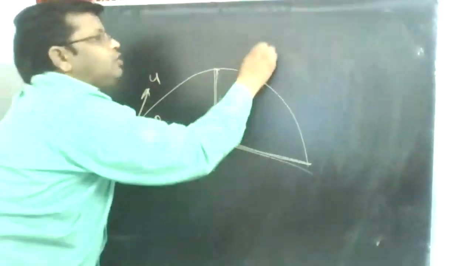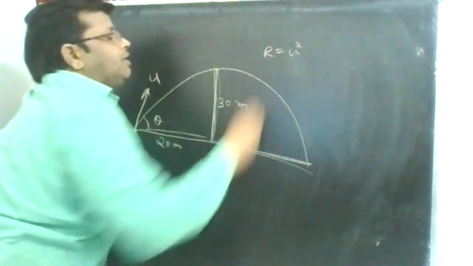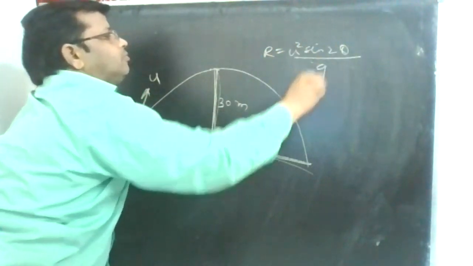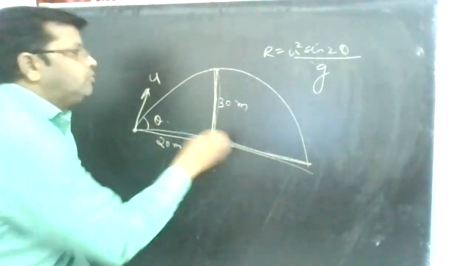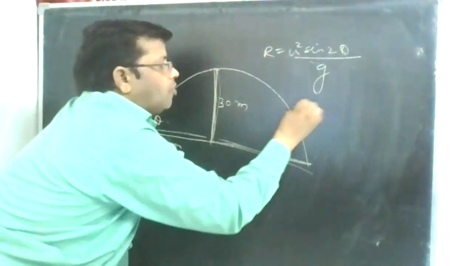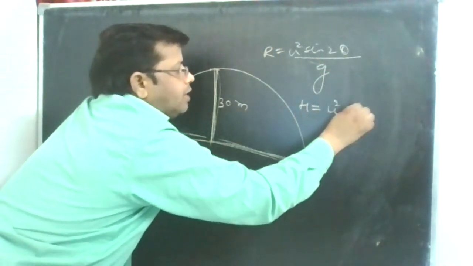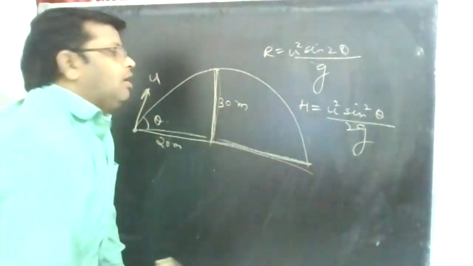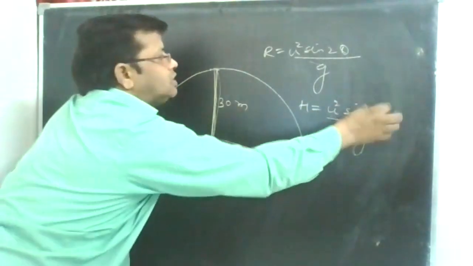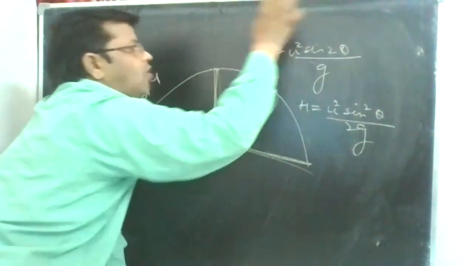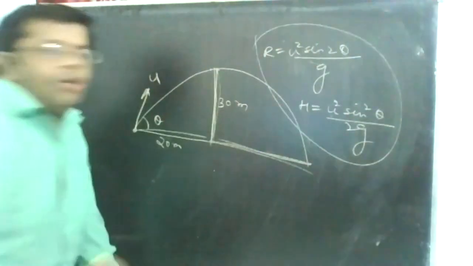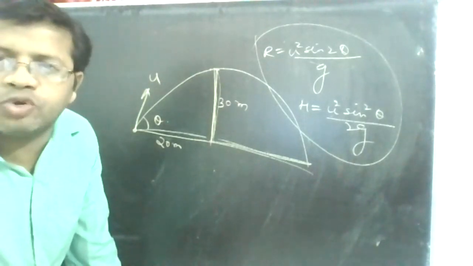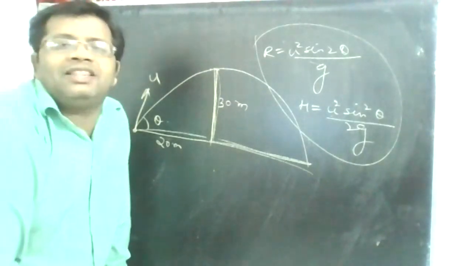For range, you know the formula: u square sine 2 theta upon g. And for maximum height, what is the formula? U square sine square theta upon 2g. Here u is not known, theta is not known. Two variables, two equations, you can solve. The two variables are u and theta.